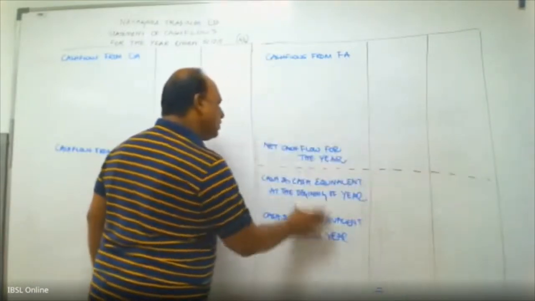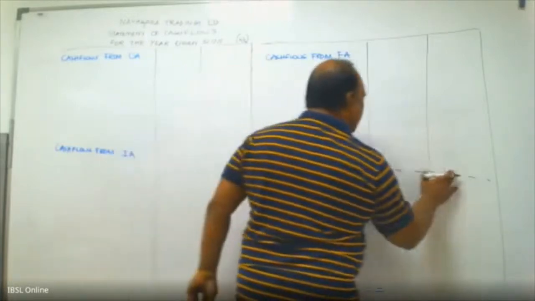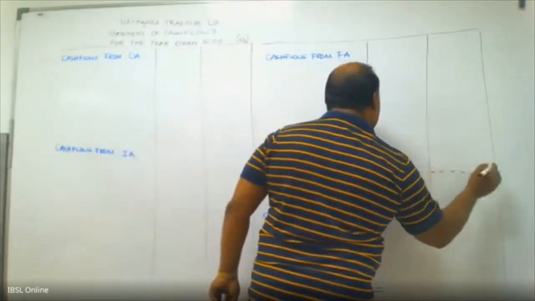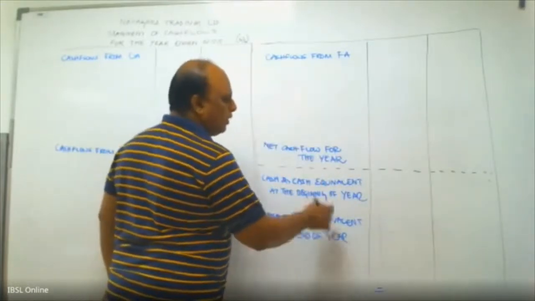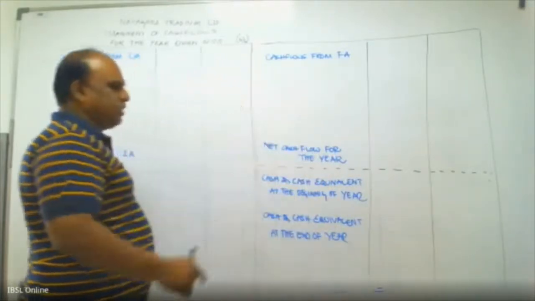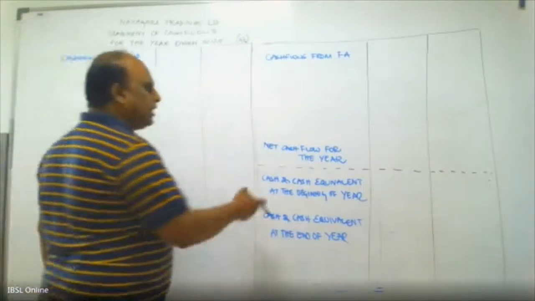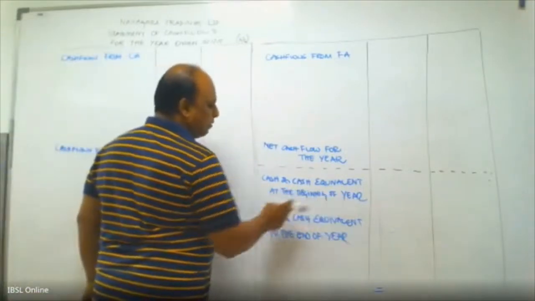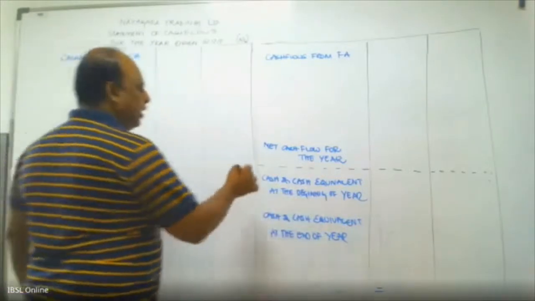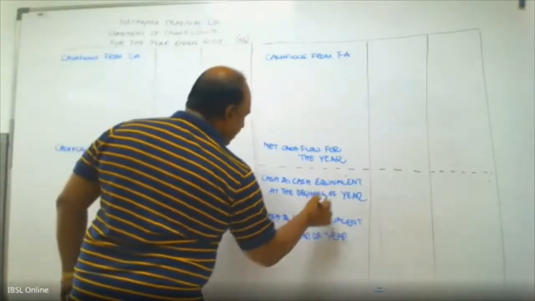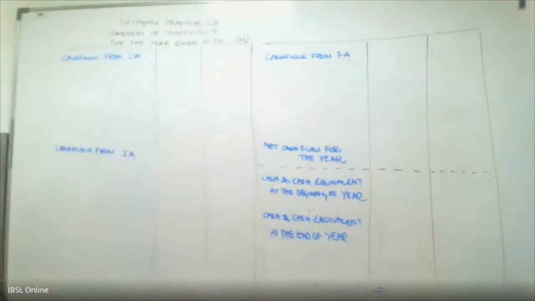That piece of information is not given. You can read through the question. So in the examination, you need to fill in these also. In the earlier question, we did the same thing: cash balance at the beginning of the year, cash balance at the end of the year. Here this part will not be required, but this is the standard template. If you want, you can take a screenshot or a photograph to remember what you should do.